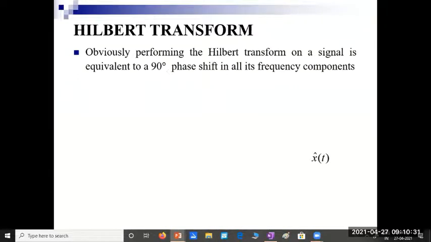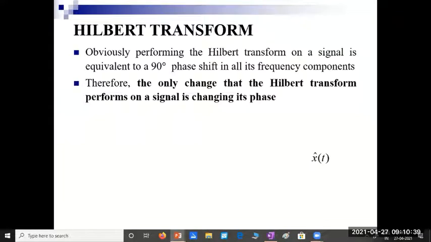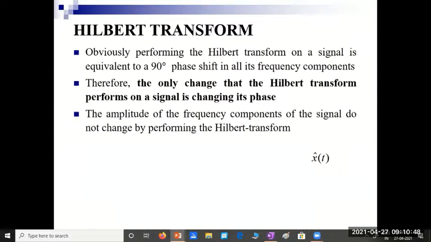Performing the Hilbert transform on a signal is equivalent to phase shifting all the signal components by 90 degrees. So the only change that the Hilbert transform performs is changing its phase. The amplitude of the frequency components of the signal doesn't change by performing the Hilbert transform.